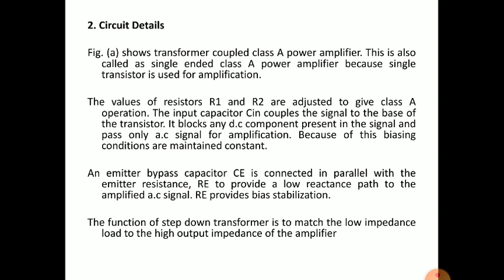Now the figure shows the transformer coupled class A power amplifier. This is also called a single-ended class A power amplifier because a single transistor is used for amplification. The values of resistors R1 and R2 are adjusted to give class A operation. The input capacitor Cin couples the signal to the base of the transistor.